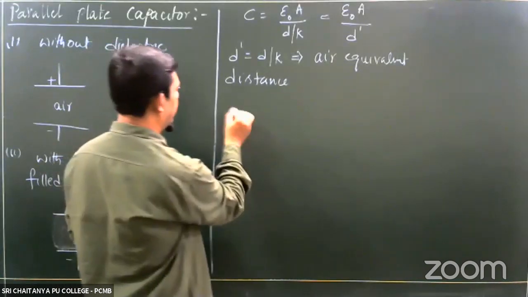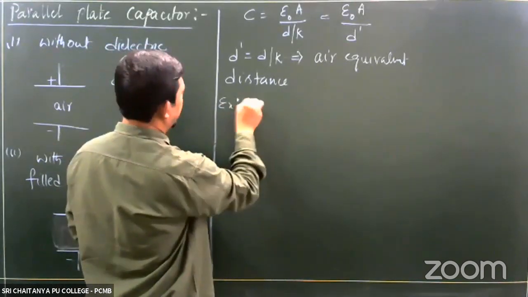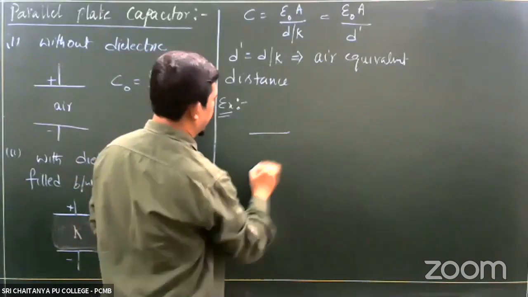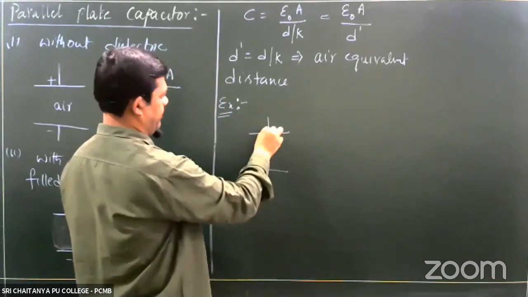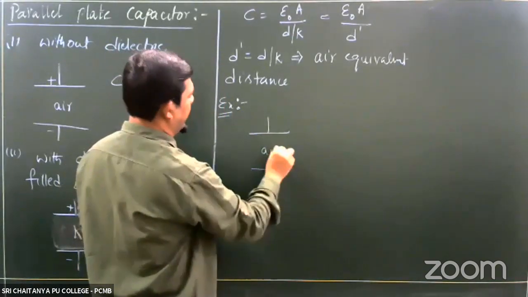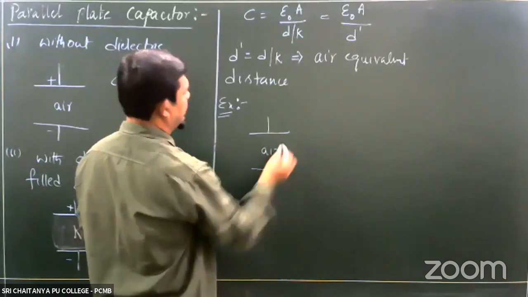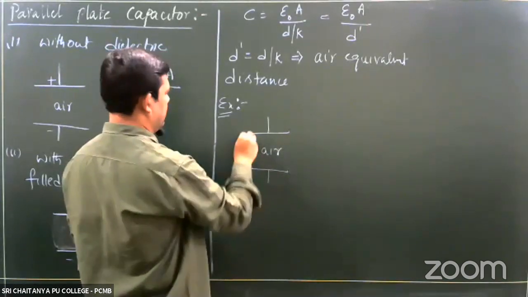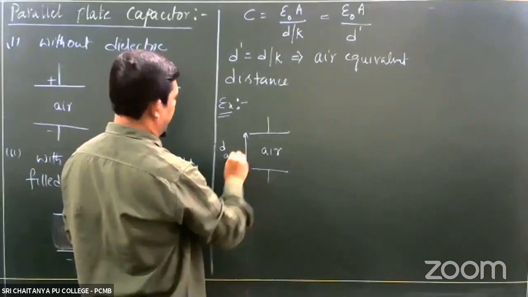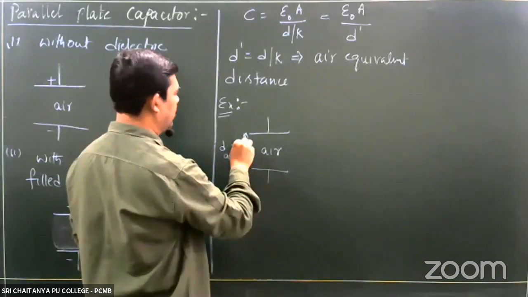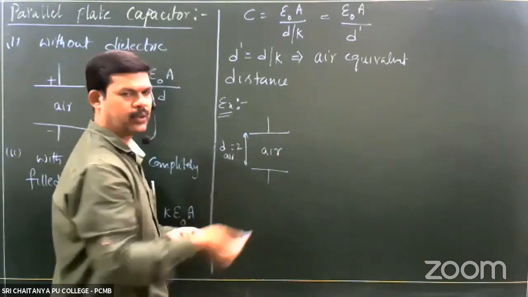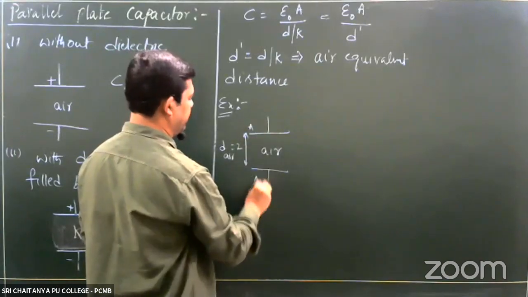See, I'll give you one example. These are the plates filled with air, separation D in air, let us say some 2 meter or 2 units. A is the area of the plate.